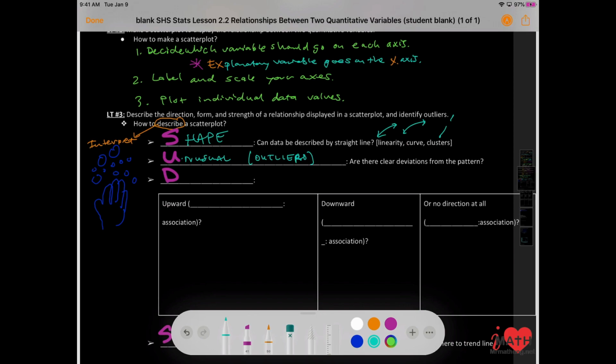Number 3, D in SUDS is direction. What is the direction? If it is upward, then it has something called a positive association. So I'll draw a couple of graphs right here just to make sure we're clear.